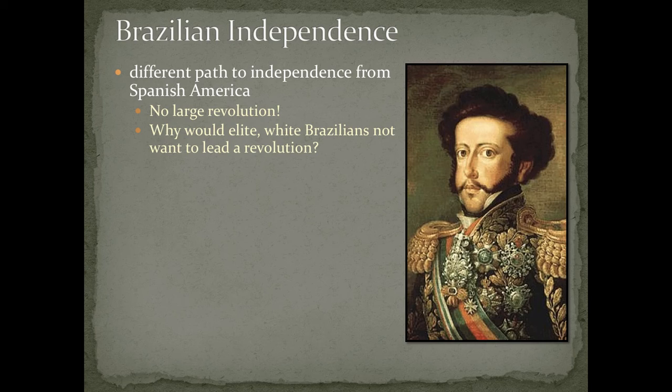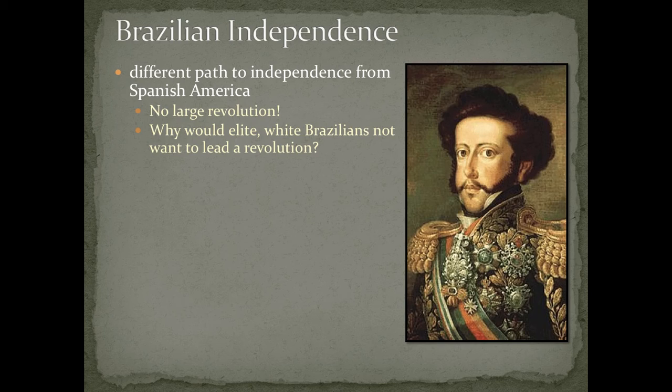If you said African slaves, you're right, because Brazil was a sugarcane producing colony. Almost 50% of the population was enslaved. So those are people that you would want to keep in positions of subjugation because, well, they're carrying out your labor for you, making you rich.